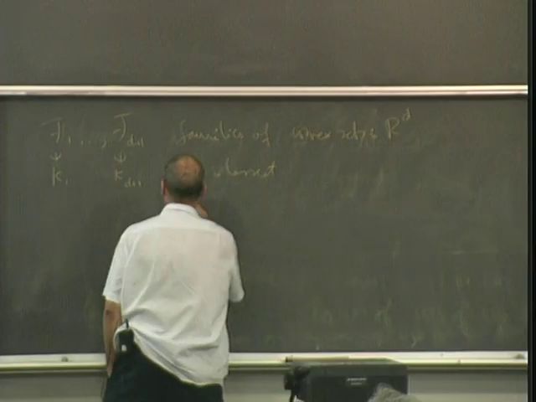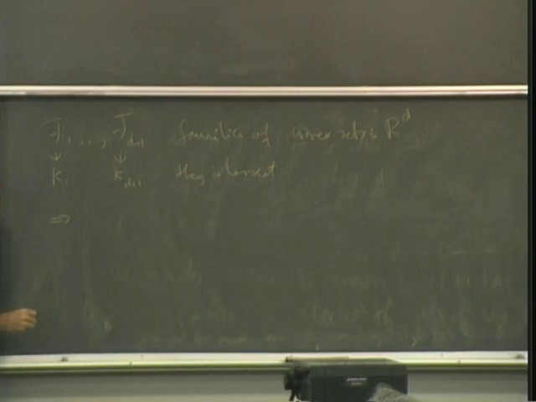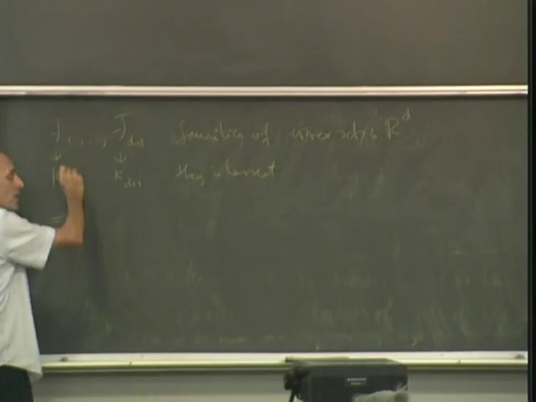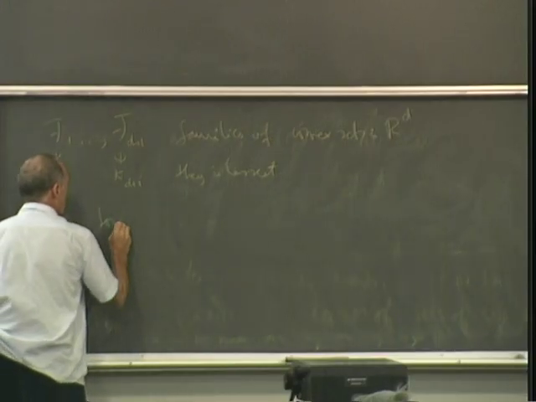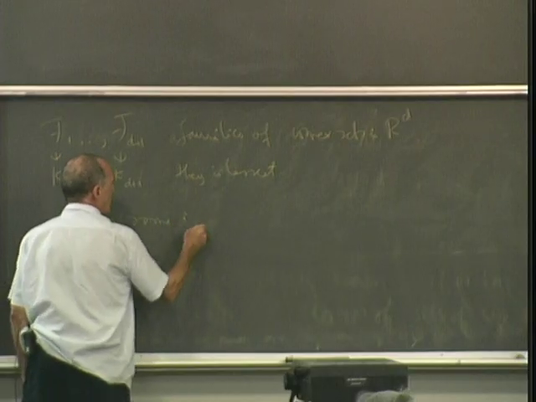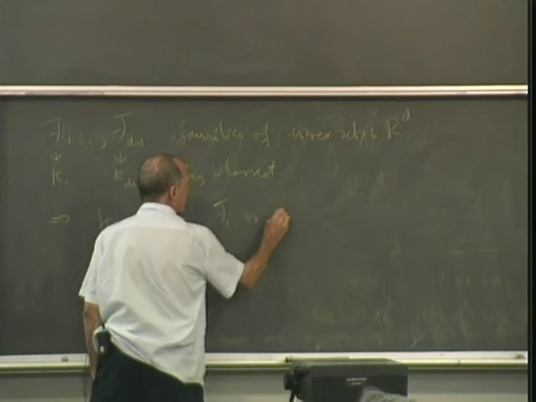Then the conclusion is that one of the families is intersecting, that is, for some i, F_i is intersecting.